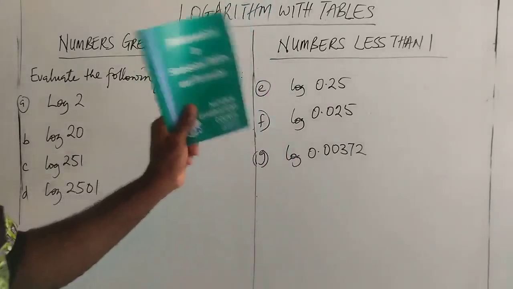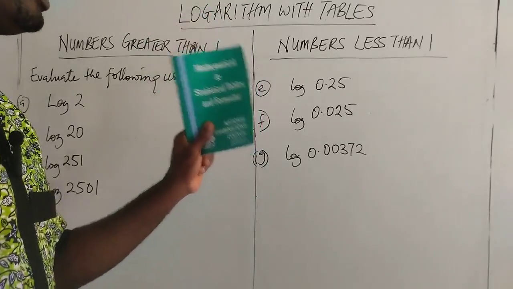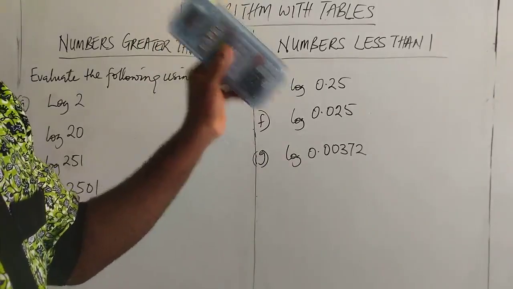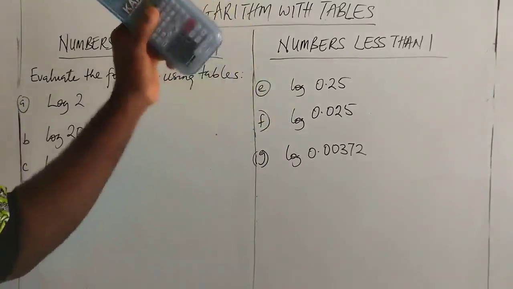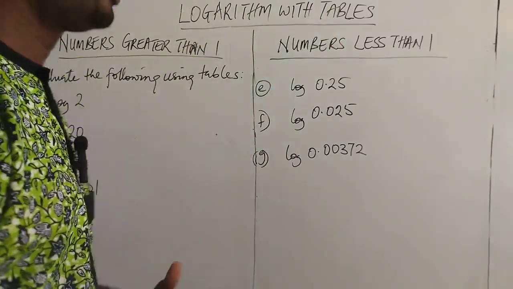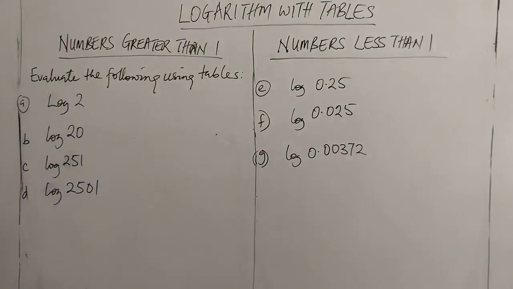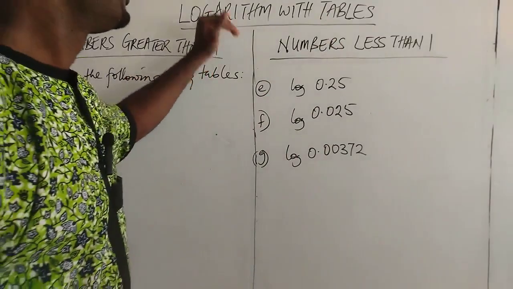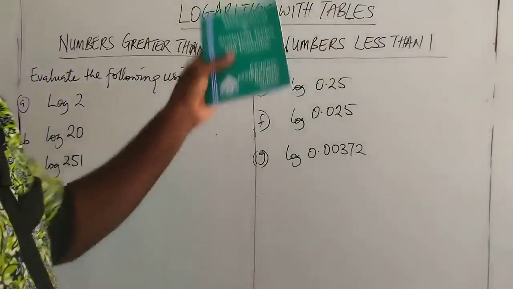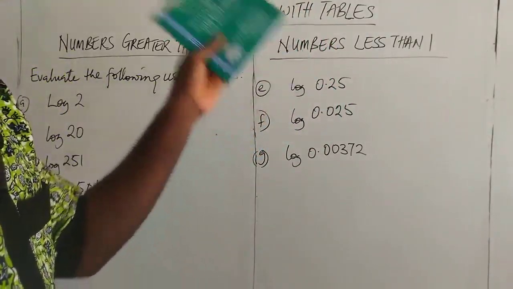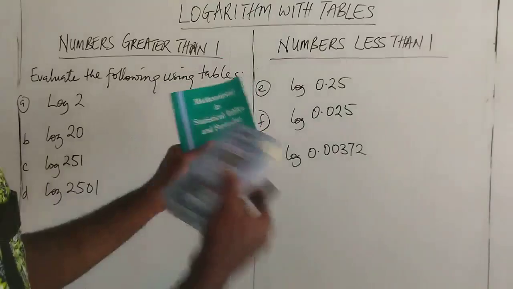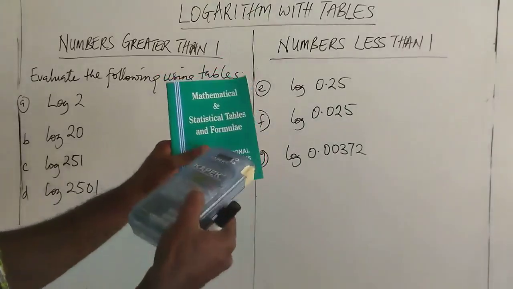This is one of the things we refer to as table. I also have a calculator. A calculator could be referred to as tables as well. So anytime you see a question that says log using tables, know that if you get this, it is the best. If you can get a statistical table, there is another bigger one, the one that is bigger than this.